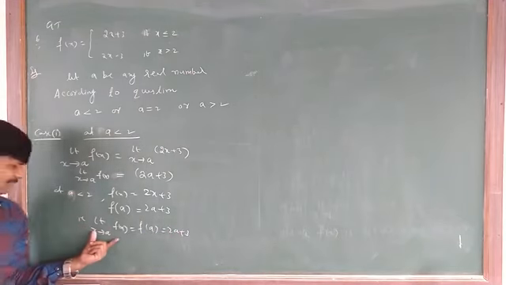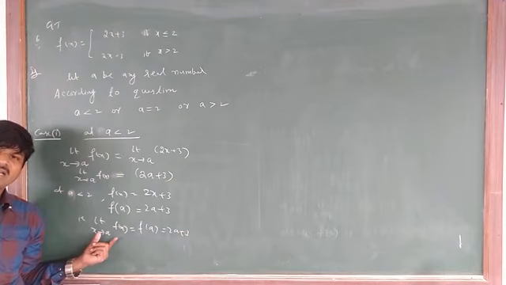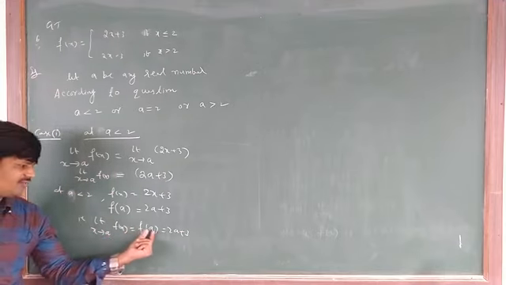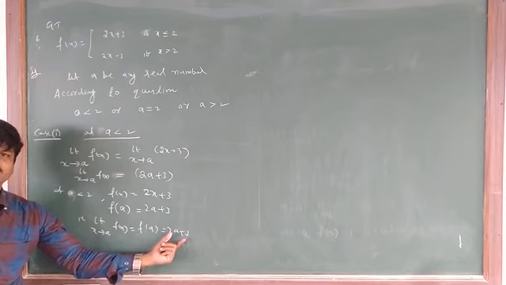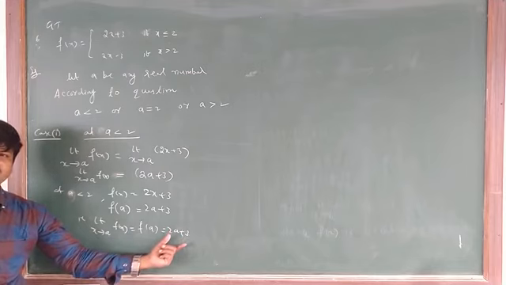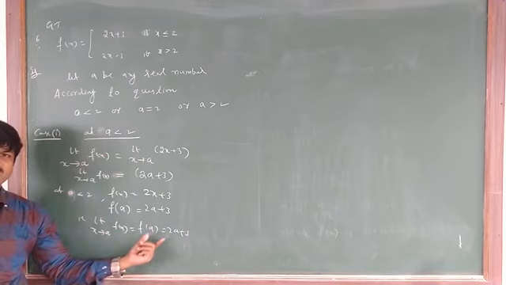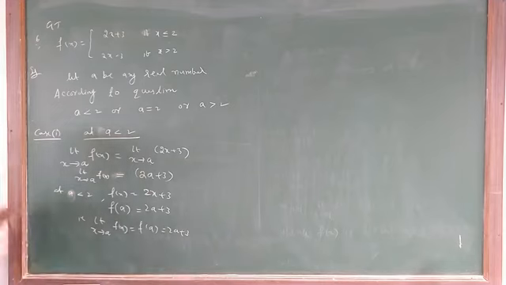Below 2, for all real numbers, the limit existed, and f of a also, both are the same. According to the definition of continuity, what can we say? This function is continuous.